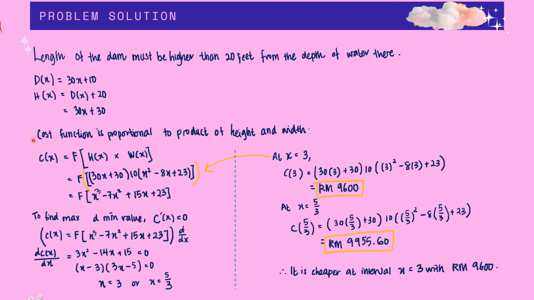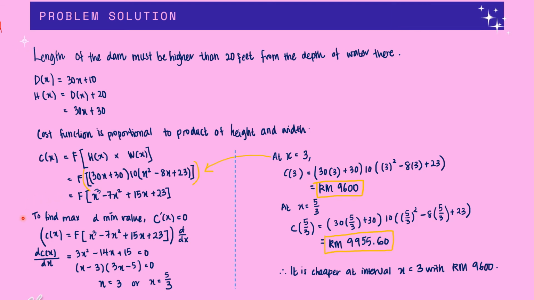So, given the cost is proportional to the product of height and width, we let cost equal C(x). So C(x) is a function of the product of height and width. Product means multiply. So the function of C(x) equals x cubed minus 7x squared plus 15x plus 23.